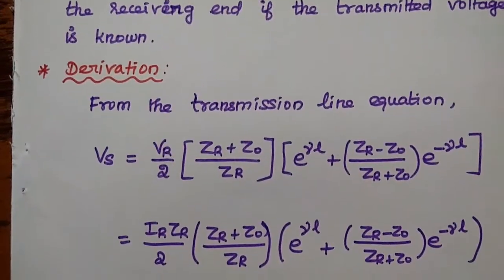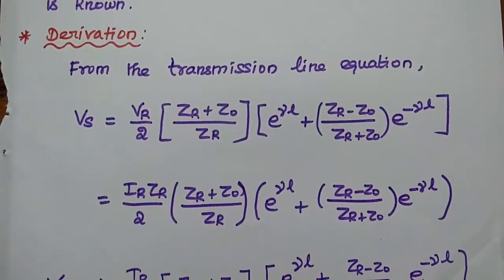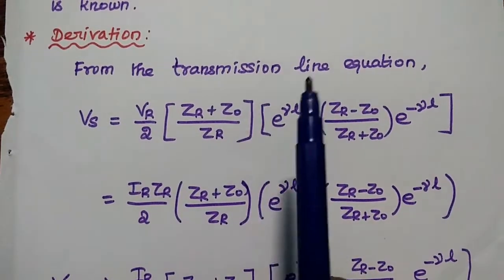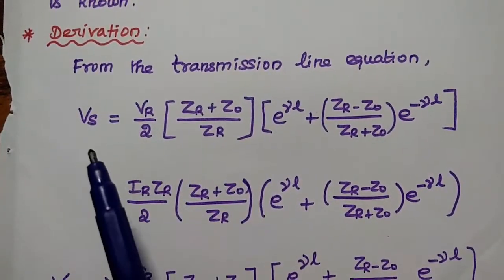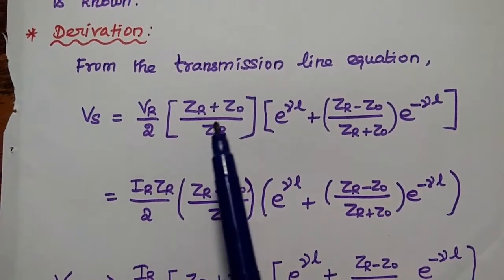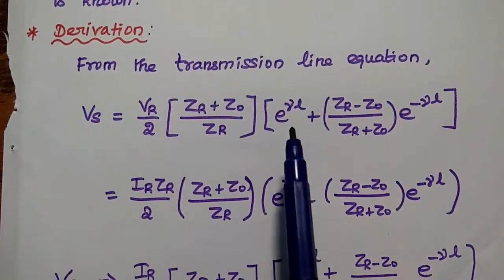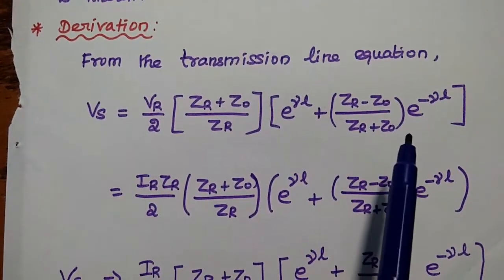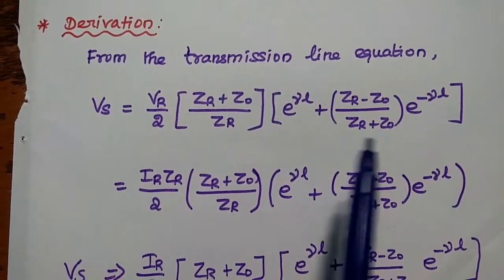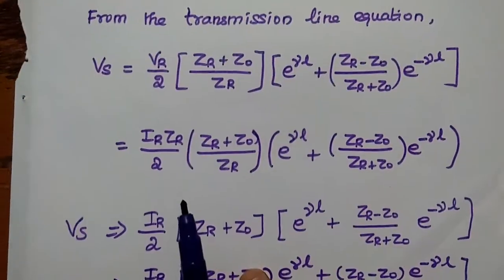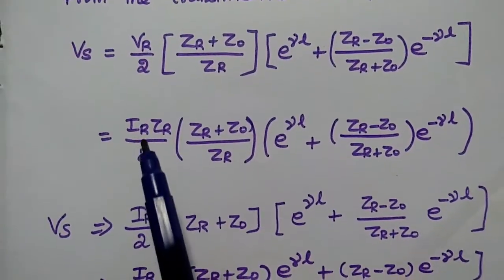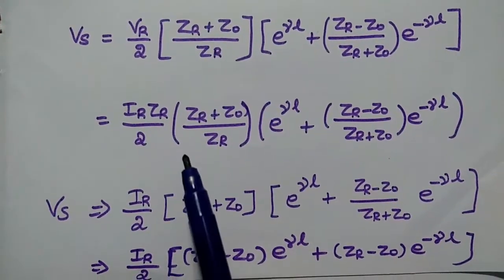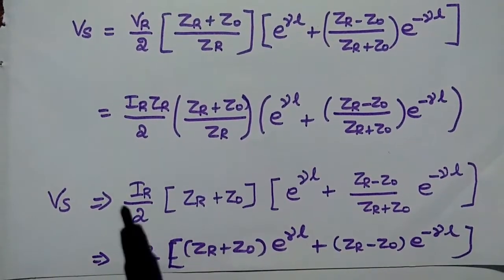So let's start the derivation part over here. From the transmission line equation, that is the third equation, we can write Vs is equal to (Vr/2)[(ZR plus Z0)/ZR e power gamma L plus (ZR minus Z0)/ZR e power minus gamma L]. So the same step over here, this Vr can be replaced with IR into ZR for our simplification.